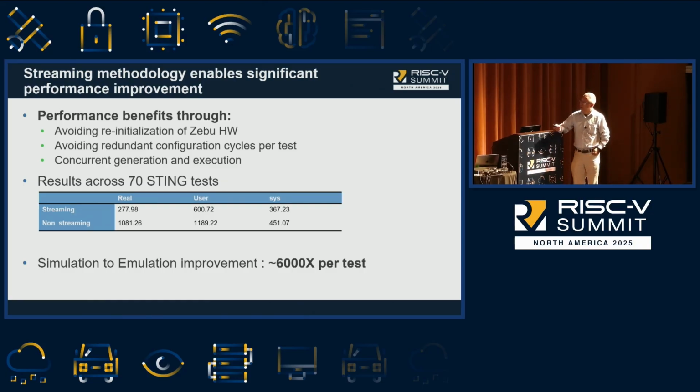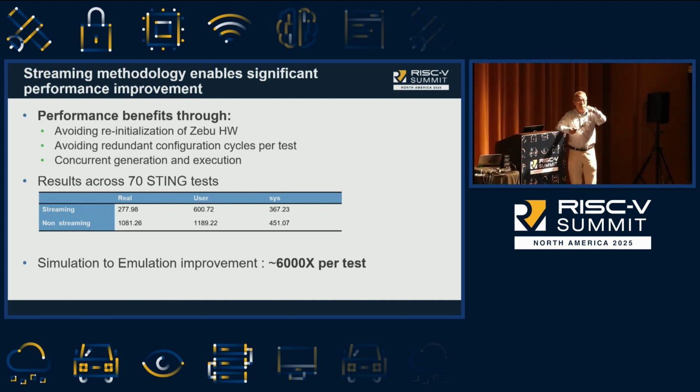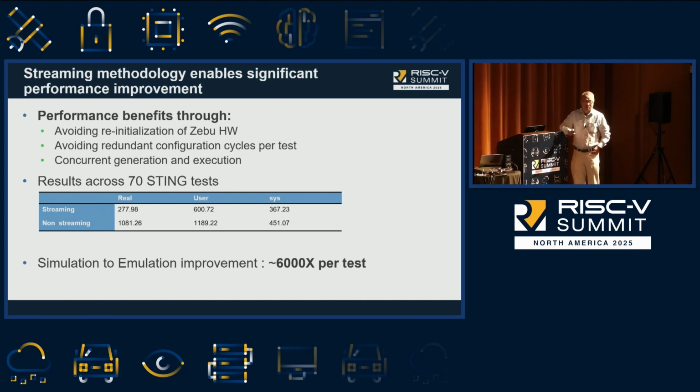Another thing is that it will avoid the redundant configuration cycle for each test because it will not stop your test. It will run your tests one by one in a line. And as I mentioned, with this method, you can run Sting tests and the ZeBu execution in parallel. So if you generate so many tests, it keeps running for you in a regression mode.